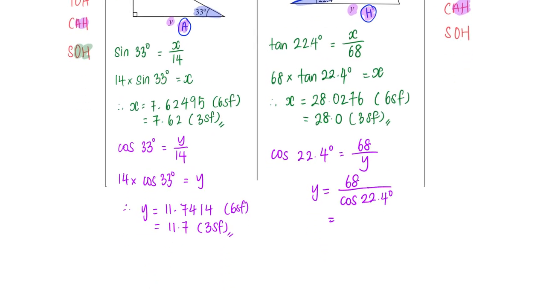And for this will be equals to 73.5496 to 6 significant figures, followed by 73.5 3SF.